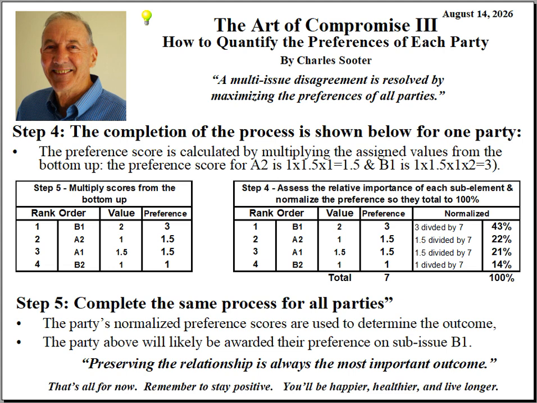Once you learn the method, you will find many uses for it in your work, family, and personal life. So remember, in the next presentation, we'll learn how to apply these priorities of each of the stakeholders or parties to allocating and settling the disagreement.